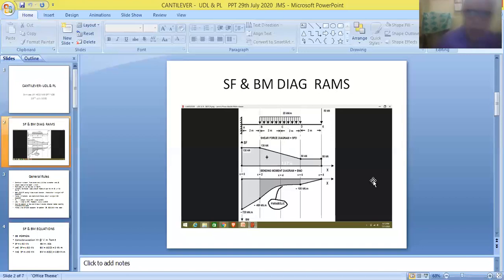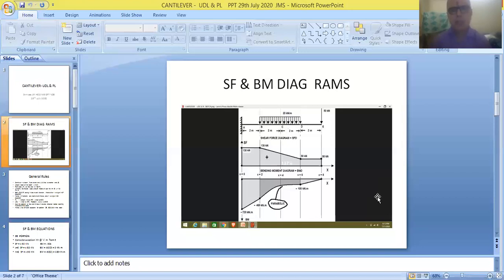So this is the way of indicating the magnitudes of point loads and uniformly distributed loads acting on the upper portion of the beam.